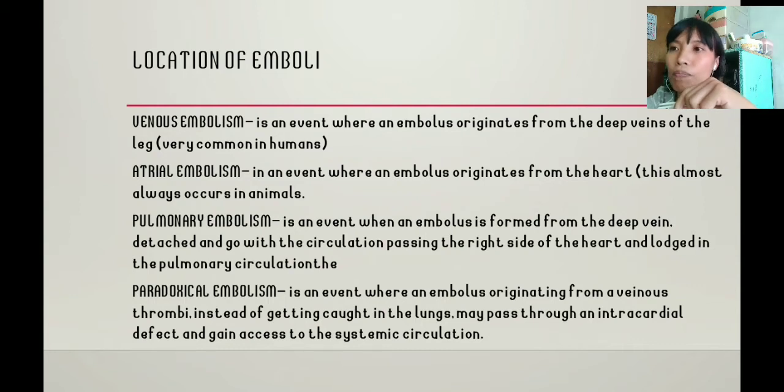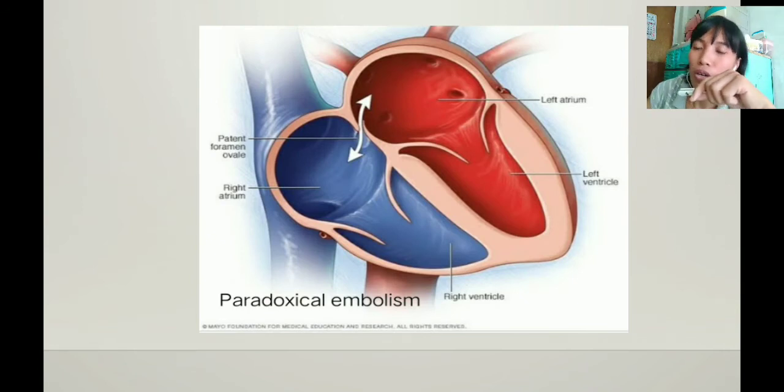Paradoxical embolism. Let me show you a diagram of the heart. It shows there the patent foramen ovale, right atrium, the right ventricle, the left atrium, and the left ventricle.